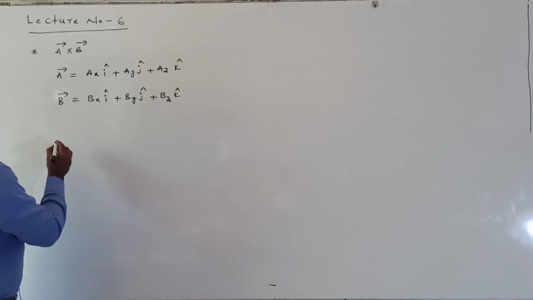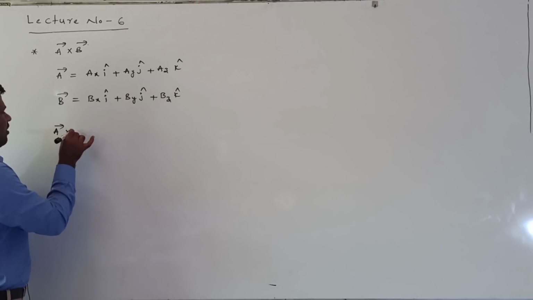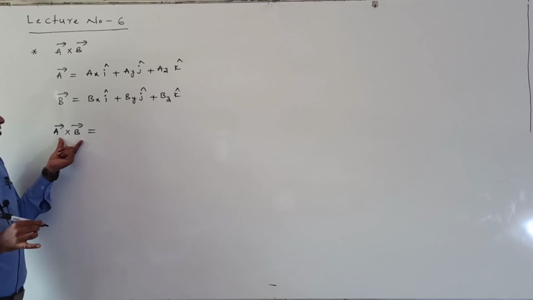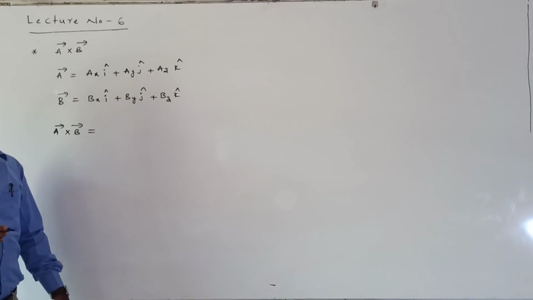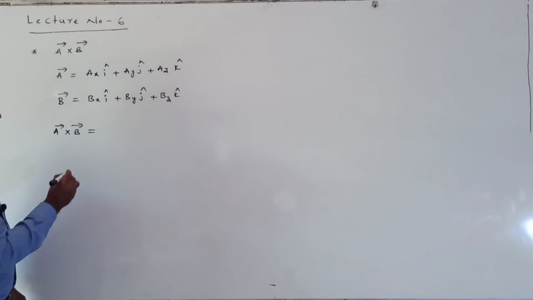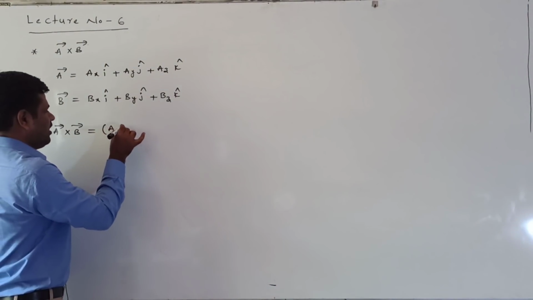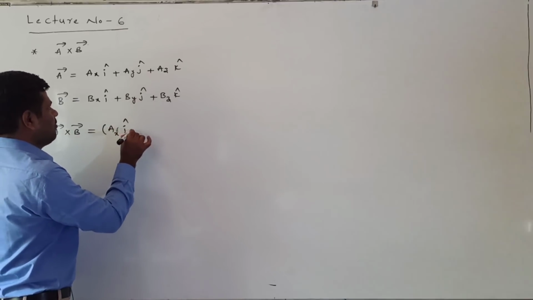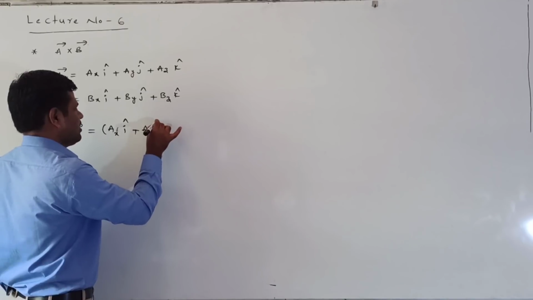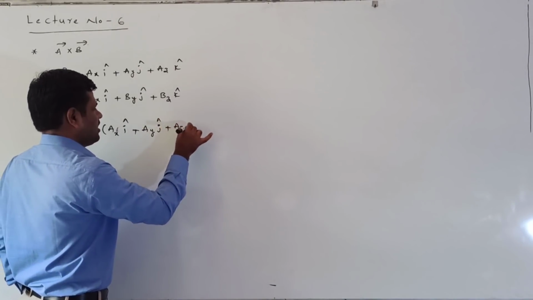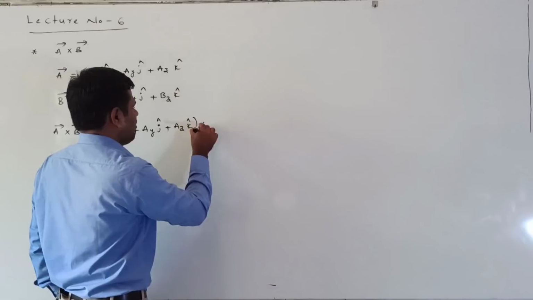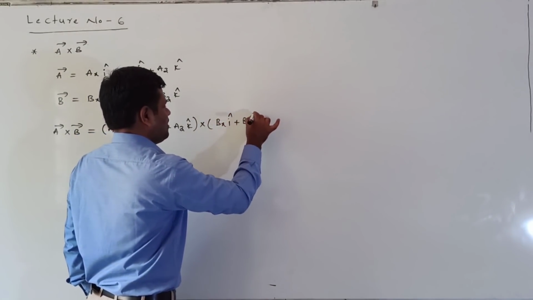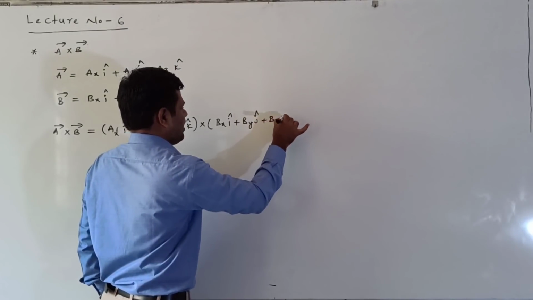Now I want to find A bar cross B bar. How to find A bar cross B bar? That means how to make the vector product or cross product. Here this is (ax i cap plus ay j cap plus az k cap) cross (bx i cap plus by j cap plus bz k cap).